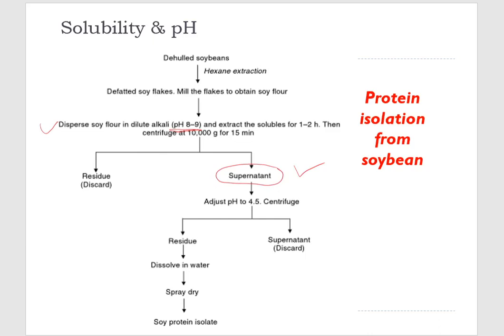Then the pH is adjusted to acidic pH. So what's the reason for that? So we make the environment acidic because we want to precipitate and separate the protein.